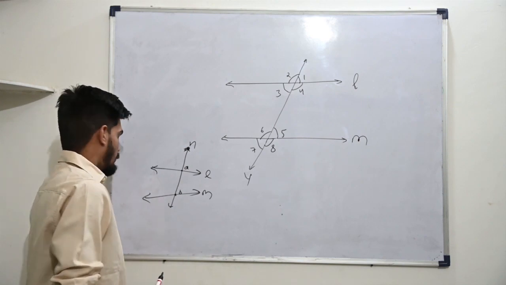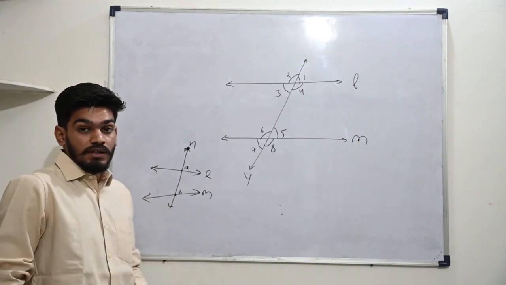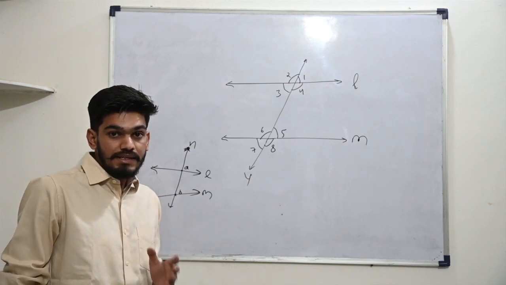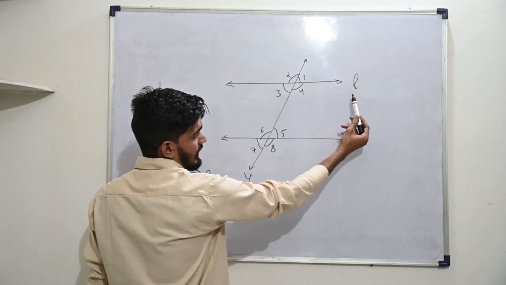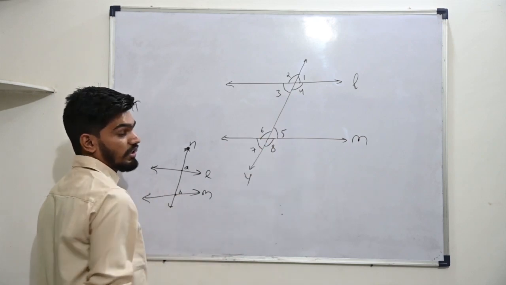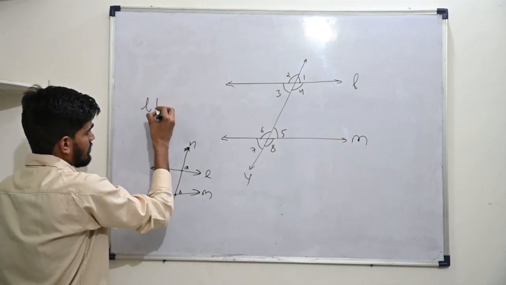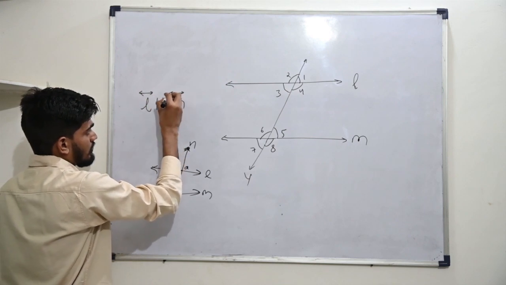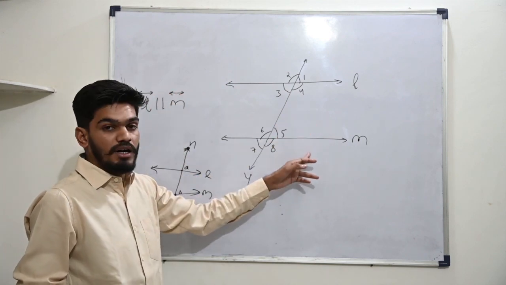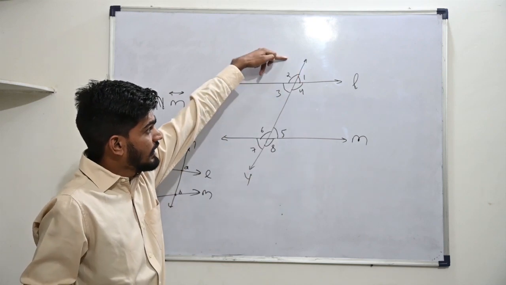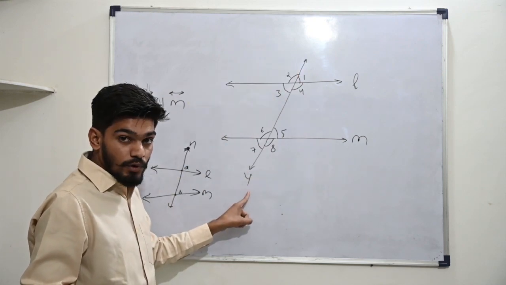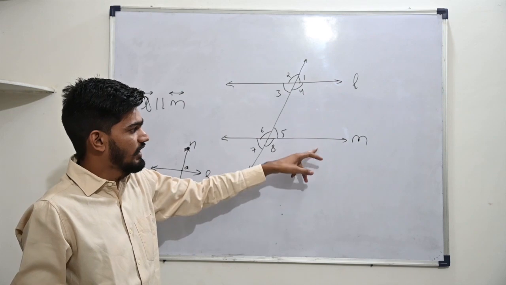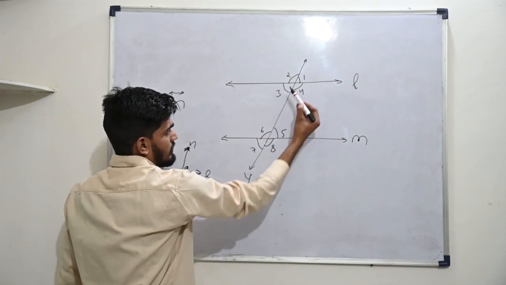Alright. Now, when two parallel lines are there, for example, line L and M are parallel to each other, it is given. Line L and M are parallel to each other, and there is a third line Y which intersects both of the lines at different points.